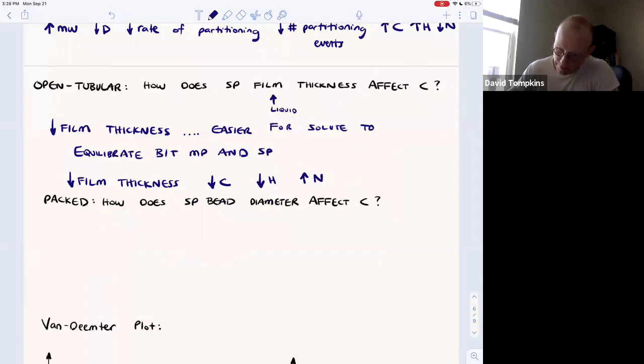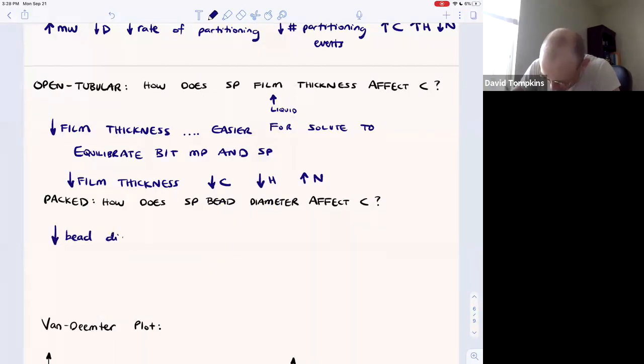So finally, if you're using a packed column instead, once again, you want to decrease that bead diameter of the silica or alumina particles that are packing your column, right? If the bead diameter goes down, then we have increased uniformity, or all of the stationary phase particles pack more regularly together.